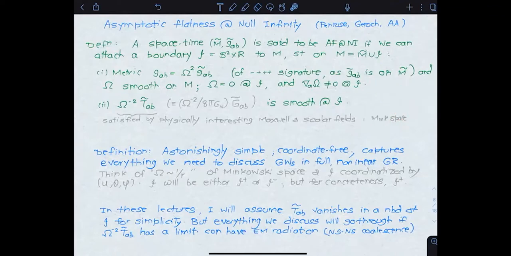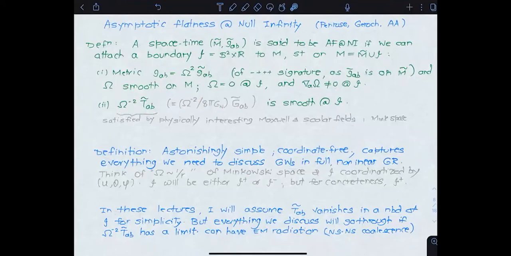And then there is an assumption on the stress energy tensor. We want to say that as you go to infinity, in fact, on the boundary, the physical stress energy tensor vanishes like omega to the minus 2. So omega to the minus 2 times the physical stress energy tensor is smooth at Scri. So this, of course, by Einstein's equation, is equal to omega to the minus 2 times 1 upon 8 pi G times the Einstein tensor.